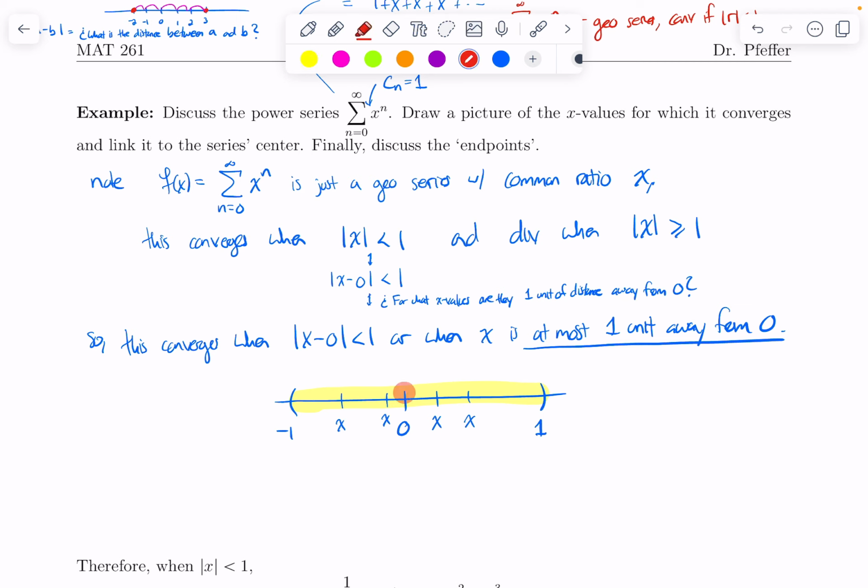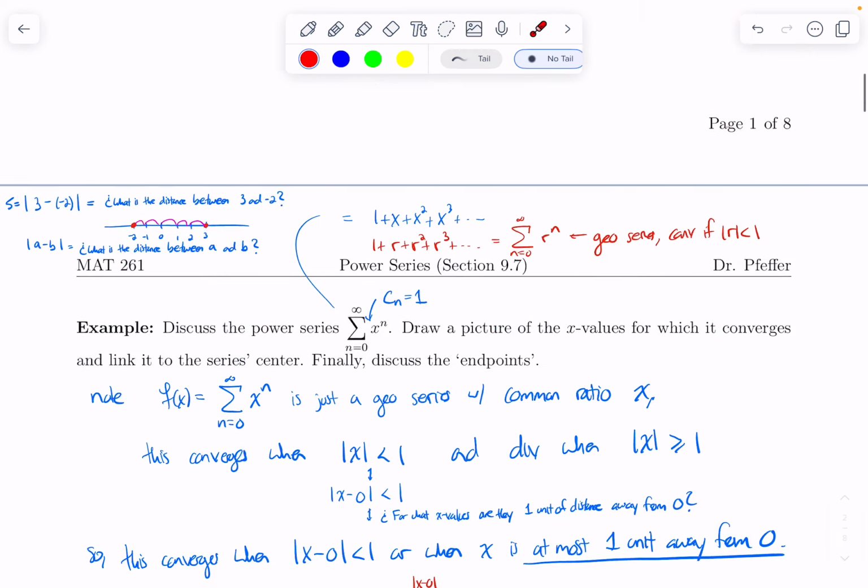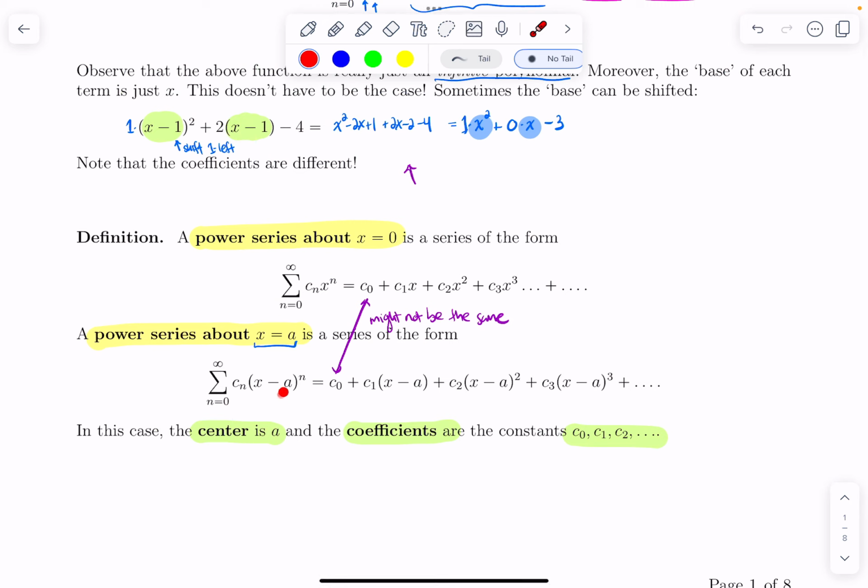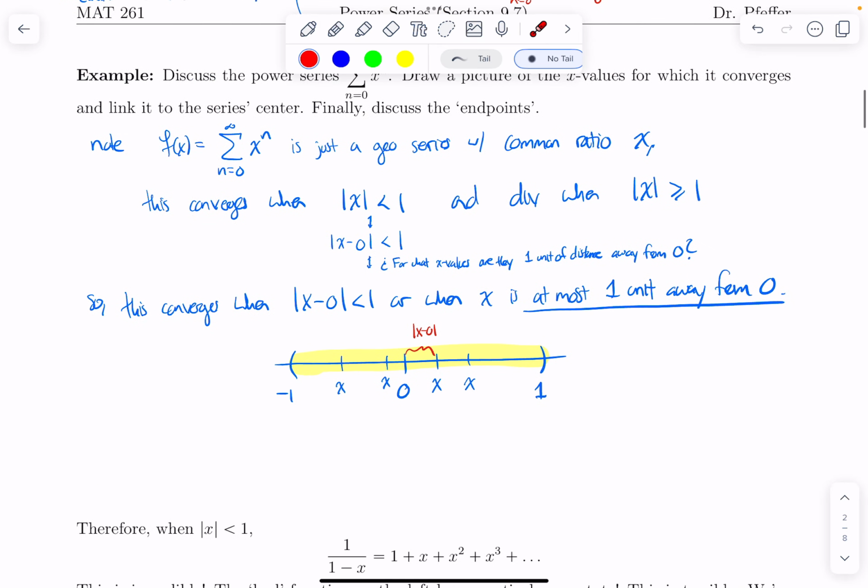This distance right here is absolute value x minus 0, for example. And maybe now you can get a better picture of why earlier we referred to this A as a center. This 0 is a center because it's literally the center of this interval at which this function is converging.